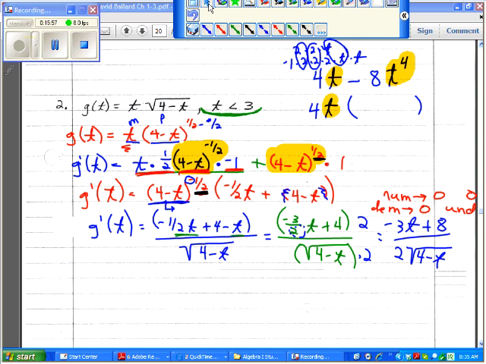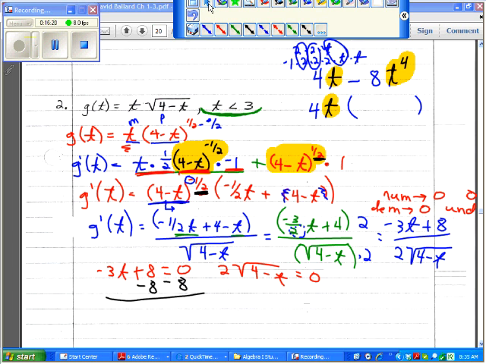So we need to find out whether the numerator is equal to 0 or find out whether the denominator is equal to 0. So negative 3t plus 8 equals 0 would be one critical number, and 2 square root of 4 minus t would be the other critical number. So we set those equal to 0.